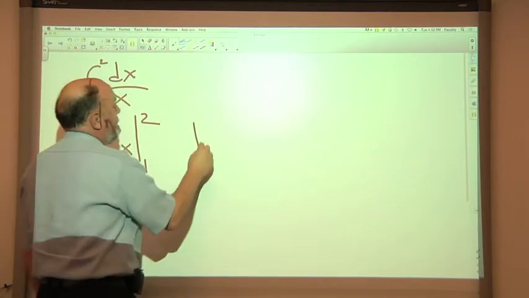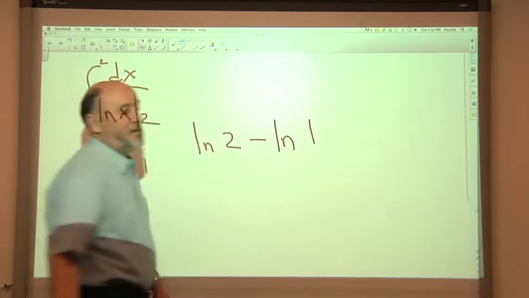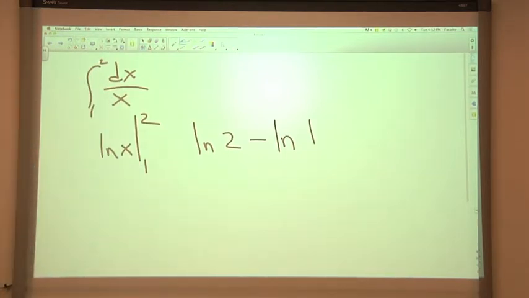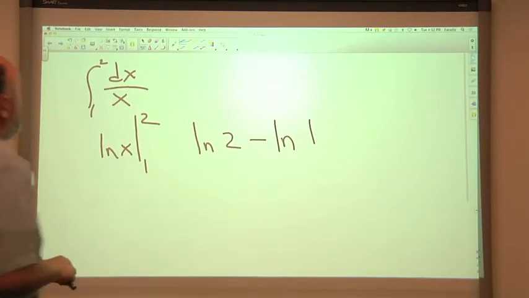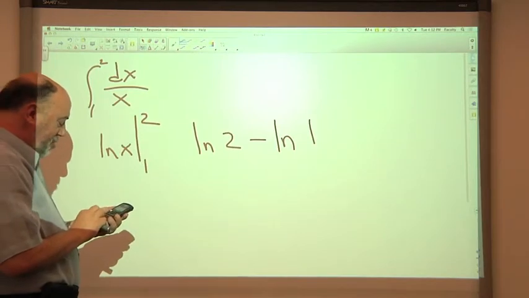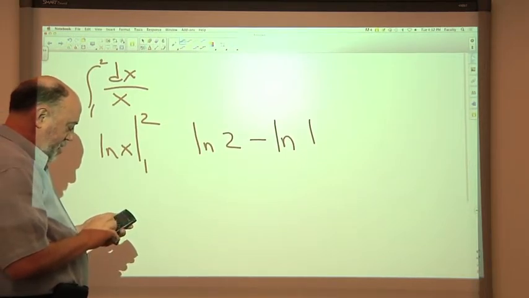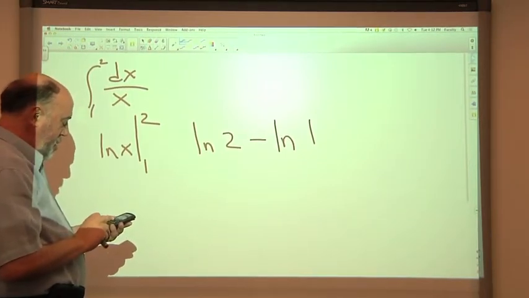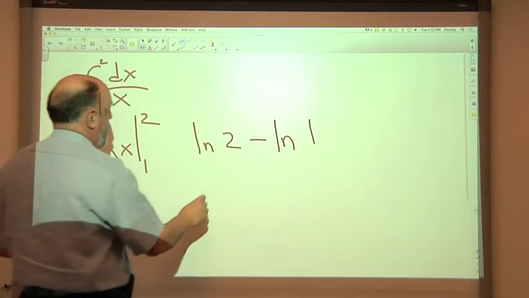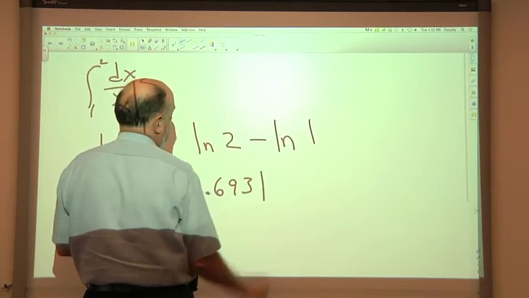This would be the natural log of 2 minus the natural log of 1, and so we can see how our approximation compares to the exact integral the way it was given. So natural log of 2 minus the natural log of 1 comes out to be 0.6931.